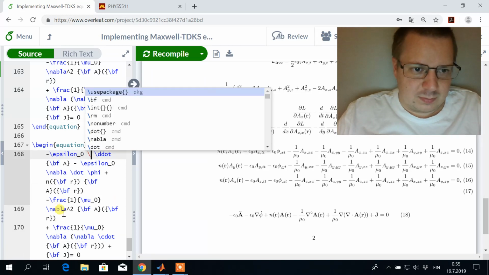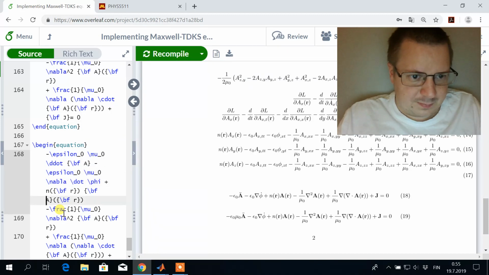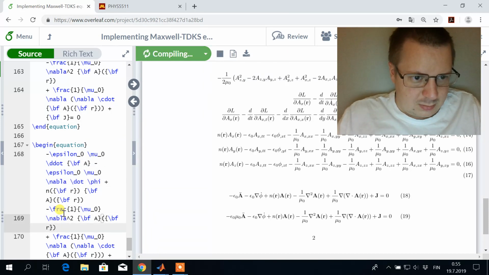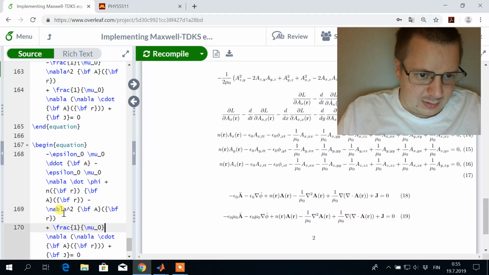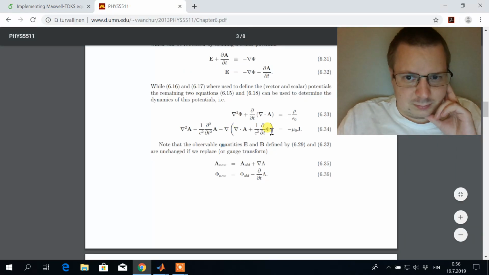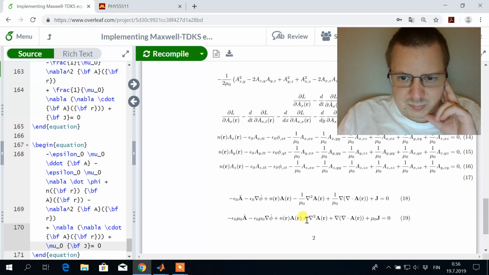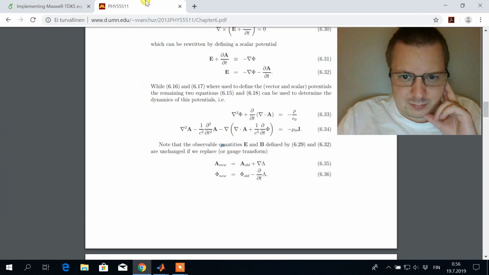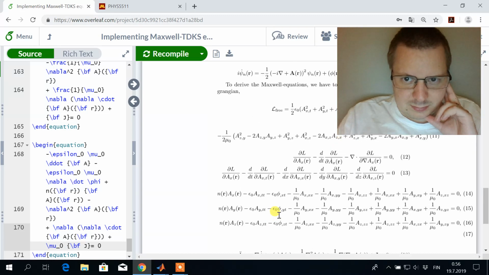So here becomes mu0, and here, and this one cancels, and this one cancels, and this one gets the mu0. So we have nabla squared A. Then we have minus of the, so let's make sure.